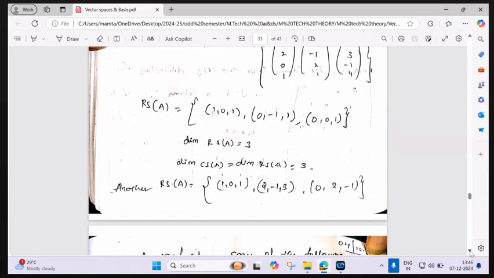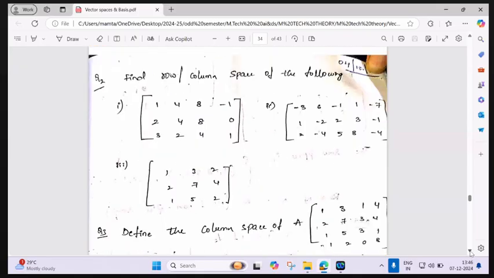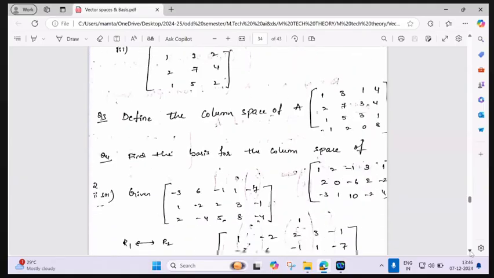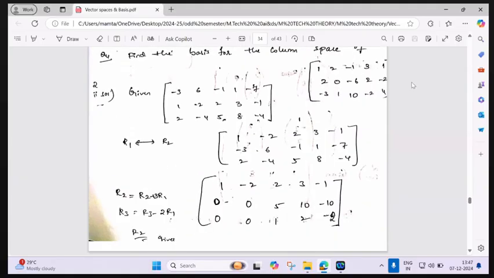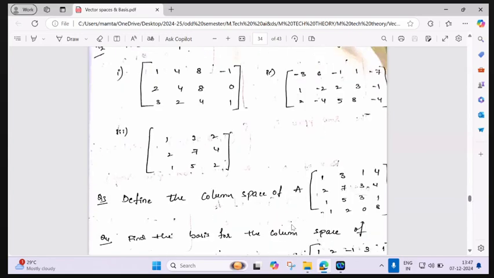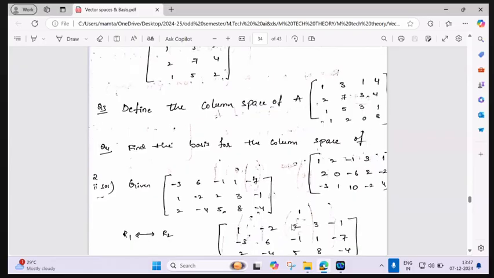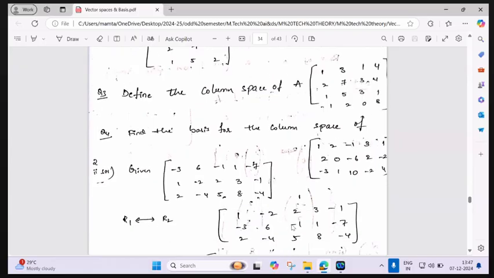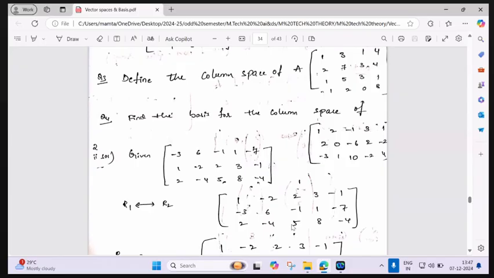Now go to the rows above from there. I want to show you an example where 5 are there. See this example. Let's scroll up. Given, find the basis for the column space of the matrix.